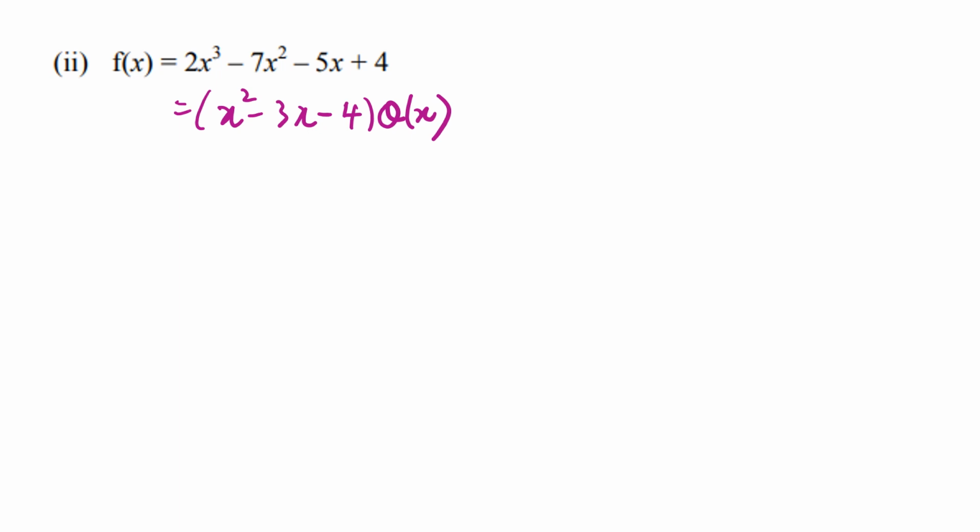After finding the values for your constants a and b, substitute into your f of x to get 2x cubed minus 7x squared minus 5x plus 4, and you are asked to factorize f of x completely.